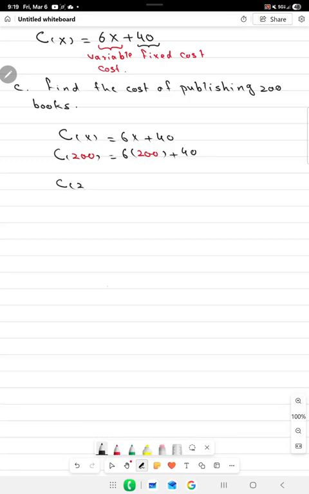It means the cost of 200 books will be equal to 6 times 200, which gives you 1200, plus 40. It means the cost of 200 books will be 1240. Definitely the unit for us will be dollars. Correct?